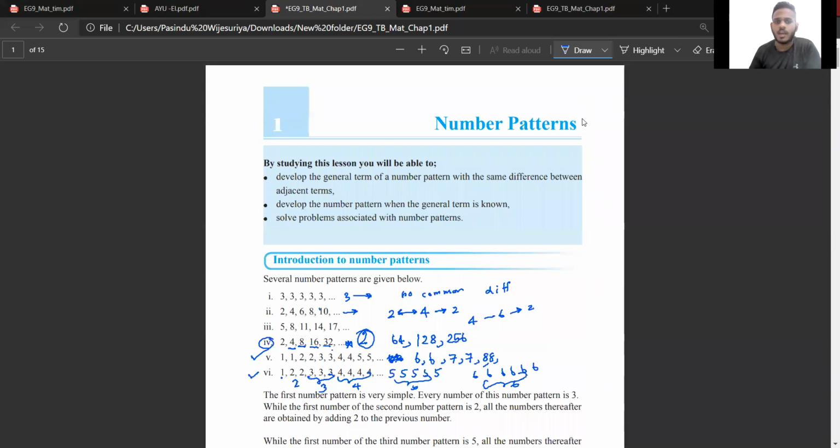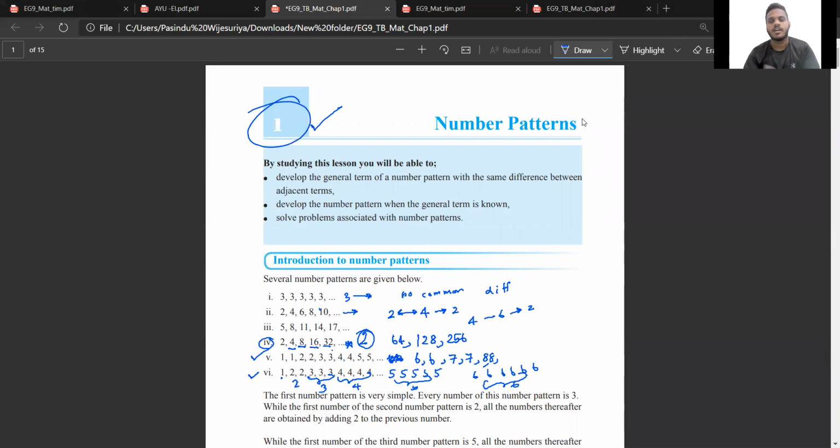So this is the chapter 1 that we'll be discussing, the number patterns. If you can do these sums, you can consider that you can get full marks for this chapter when it comes to your grade 9 examinations. In the first term test, you have a considerable amount of calculations in the section of number patterns.